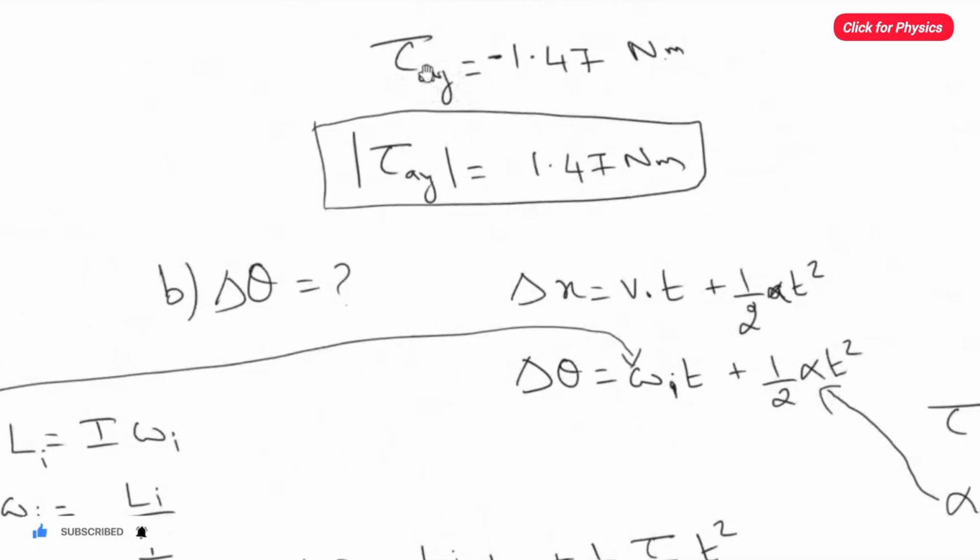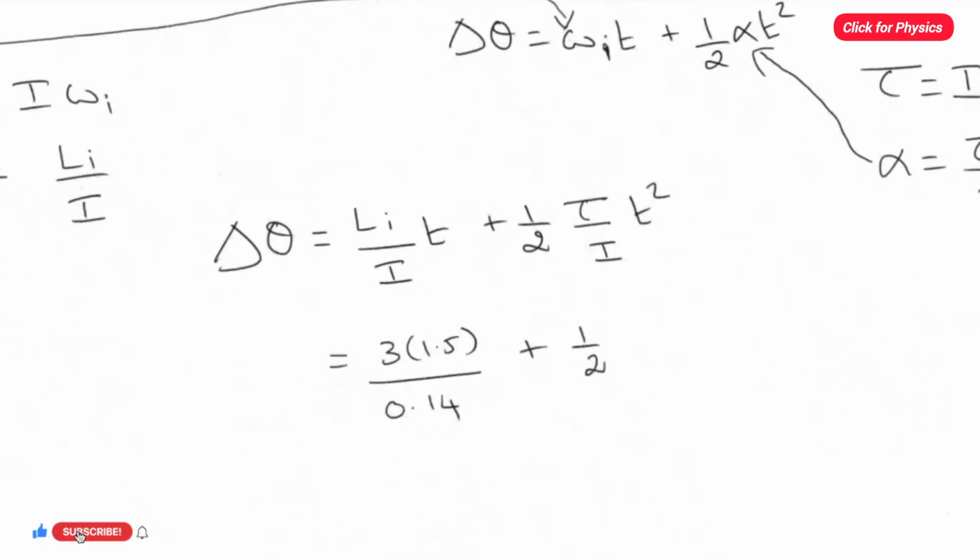So what is the actual value of the average torque, which is minus 1.47. So I have to use this value here: minus 1.47 divided by 0.14, and the time is 1.5 square.